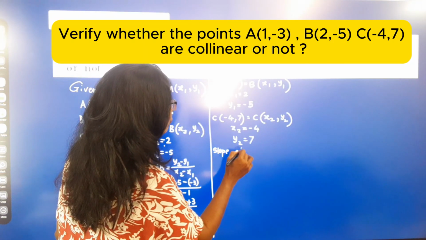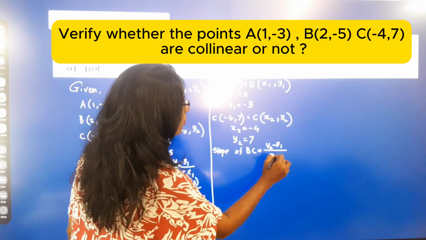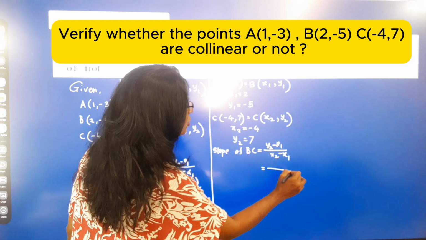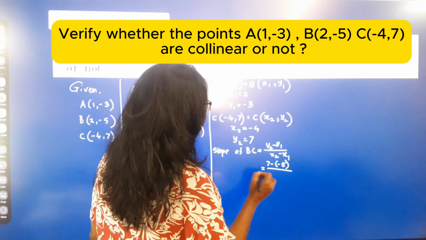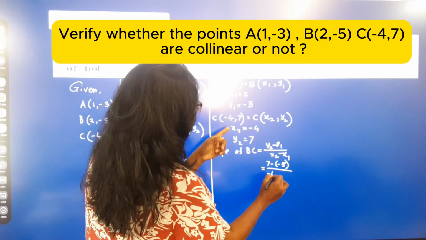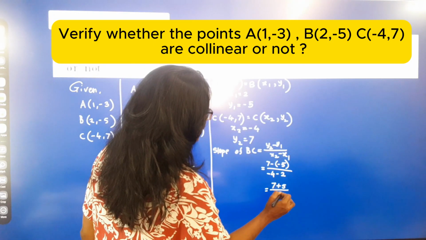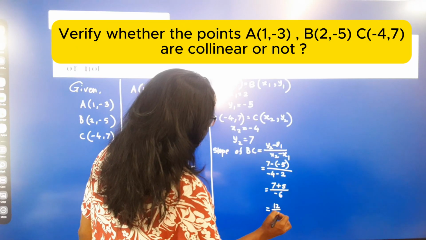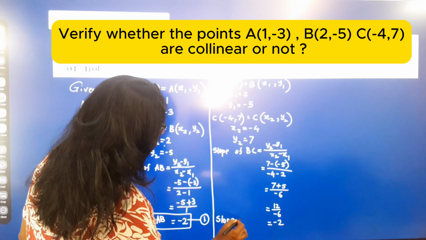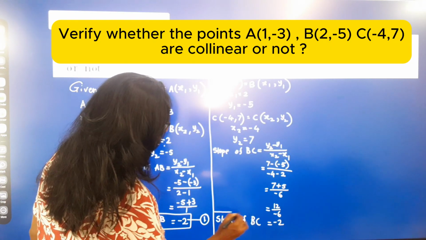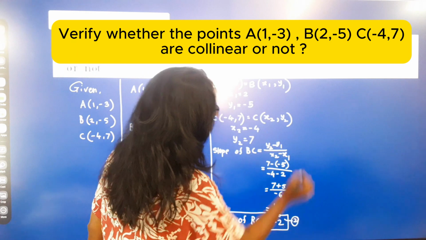So slope of BC is equal to same formula (y2 - y1) upon (x2 - x1). Then substitution 7 minus of -5 upon here x2, that is -4 minus 2. Then here students 7 plus 5 upon -6. So here 12 upon -6 and that is equal to -2. So here slope of BC is equal to -2. Now here student call it as the second equation.